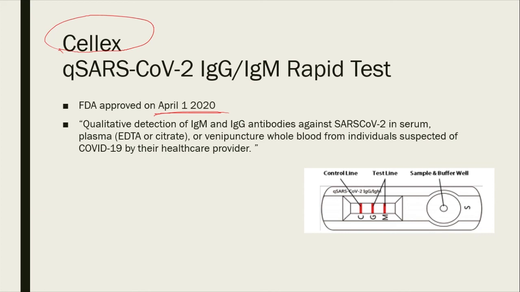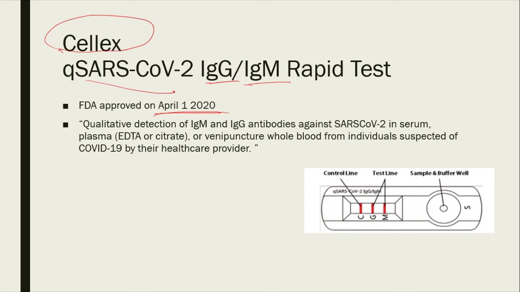This product's name is Cellex. I circled it here. It is a qualitative test to look at IgG and IgM that is specific for this new virus responsible for the COVID-19 pandemic, severe acute respiratory syndrome coronavirus 2. A novel one. So that is what this long name stands for.